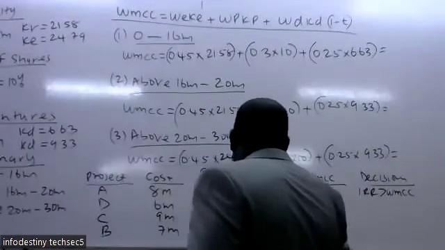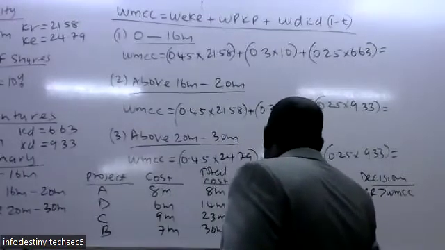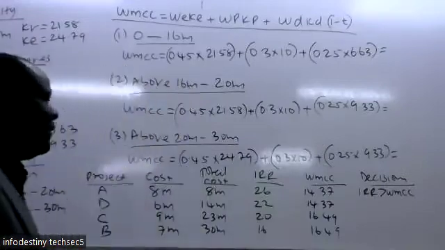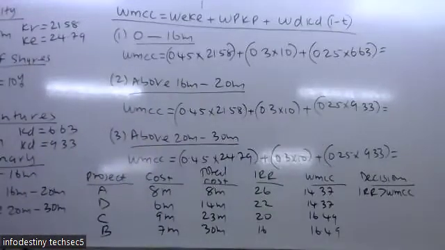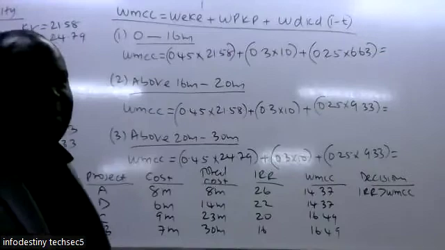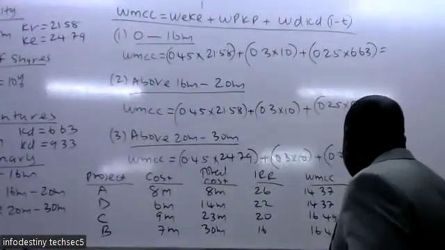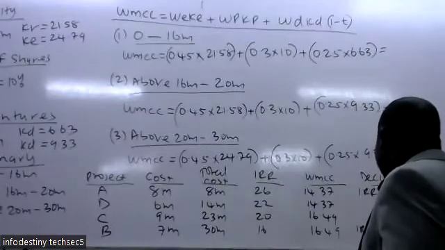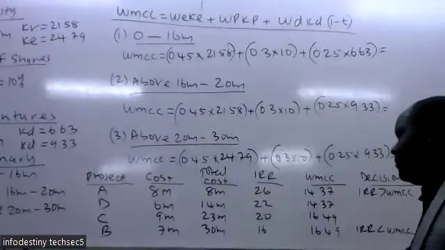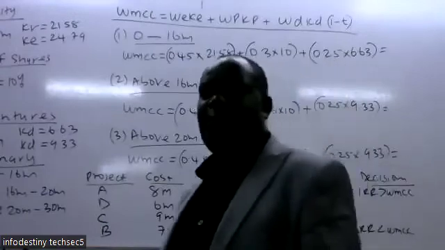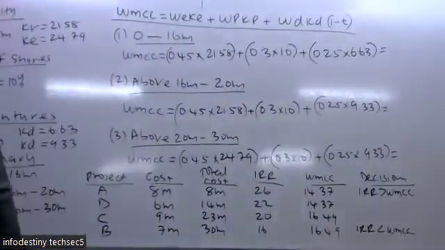That's how we reject. See, we are still using 16.49, but IRR is 16. So the IRR is less than WMCC. So this one we reject.